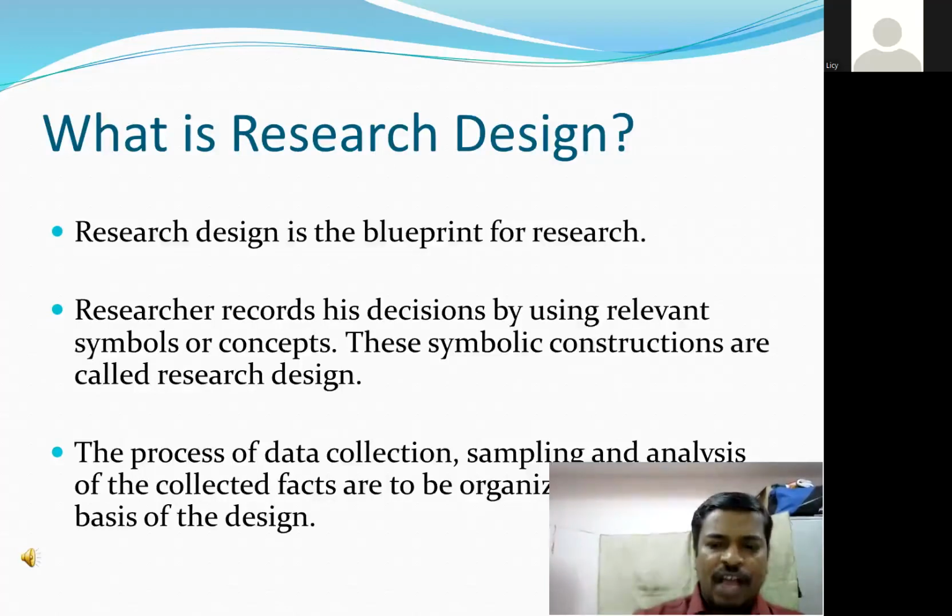Up to this point we have seen what design means. From here we discuss research design. It is called a blueprint for research. What data are required, and how much? What tools will be used for collecting data, either a questionnaire or interview schedules, or anything else?